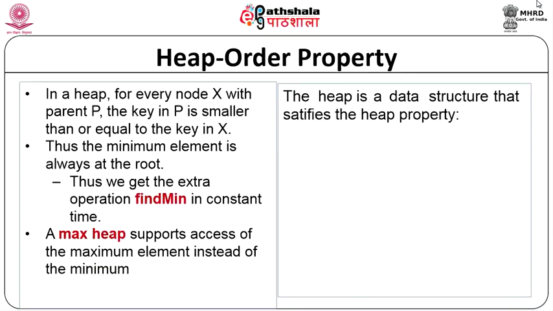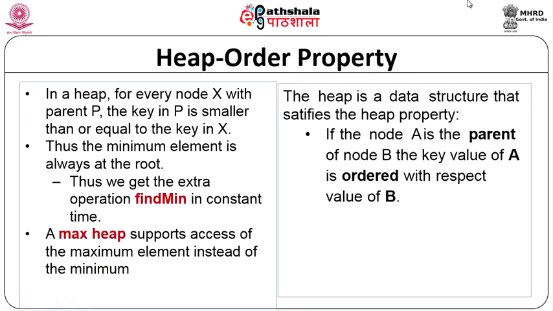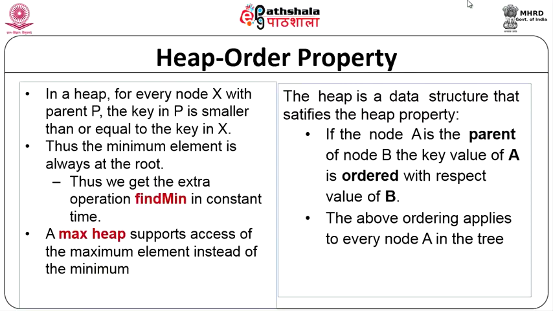This heap is a data structure that satisfies the heap property, and if node A is the parent of node B, the key value of A is ordered with respect to the value of B. The ordering can be minimum or maximum, descending or ascending, that does not matter, but that ordering should be there, and it applies to every node A in the tree. That is all we are talking about with the heap order property.